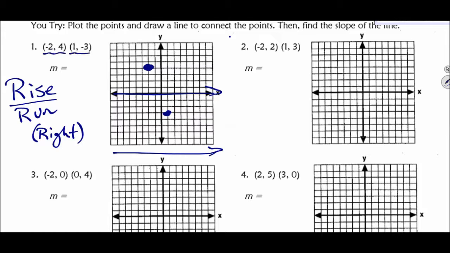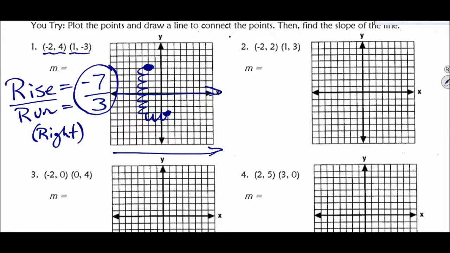It's going to be a negative slope. And my rise, that means it's going to be a negative number. It's going down 1, 2, 3, 4, 5, 6, 7 spots. It's a -7 as a rise. And it's running 1, 2, 3 spots. That's my slope, -7 over 3.